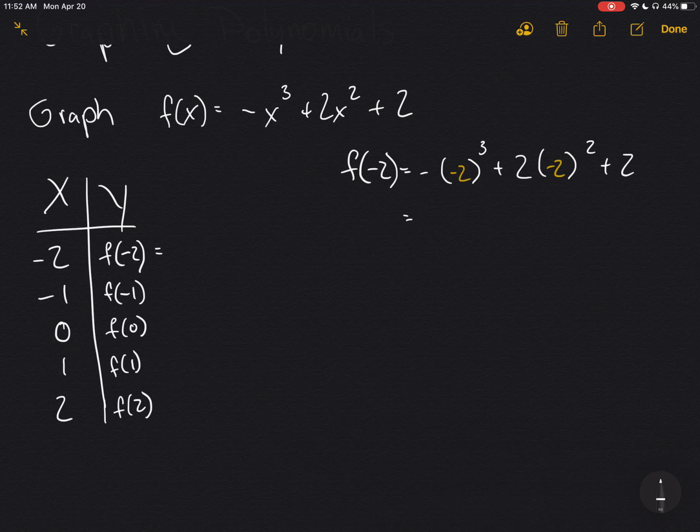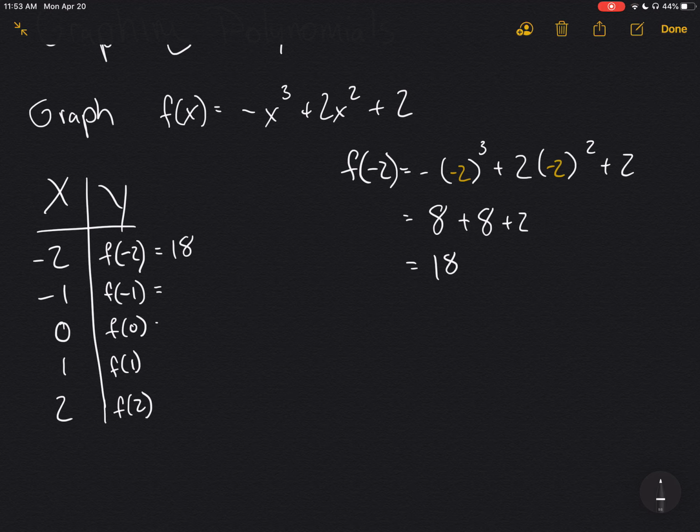You'll notice that -2 cubed is -8, but there's a negative out front, which makes that a +8. -2 squared is 4, times 2 is also 8, and then adding 2 gives us 18. So f of -2 is 18, and our first point that we would graph would be -2, 18.